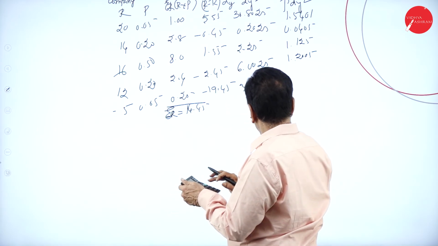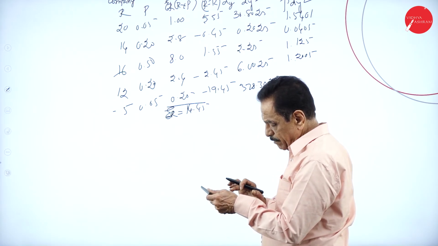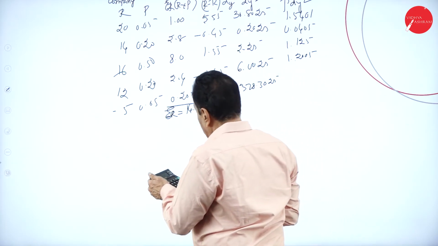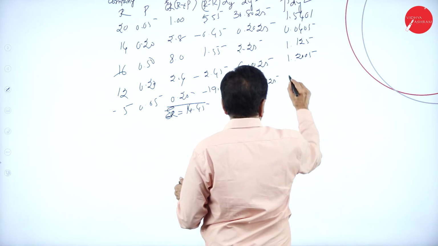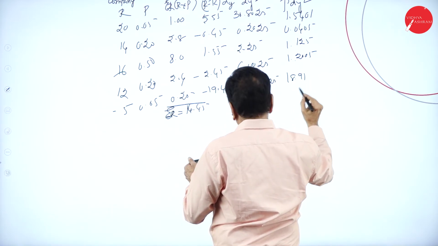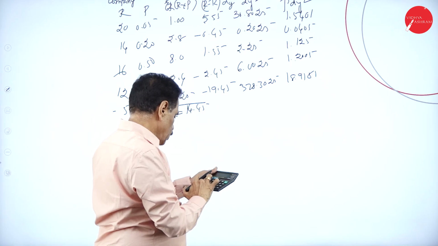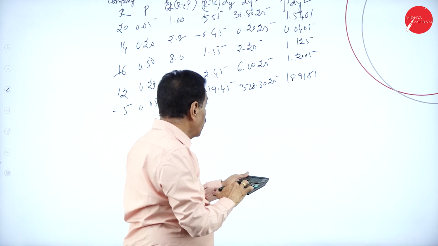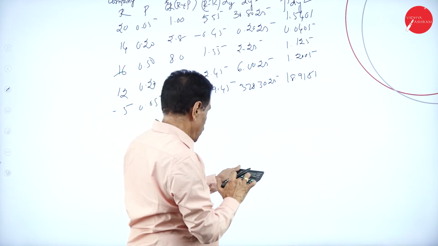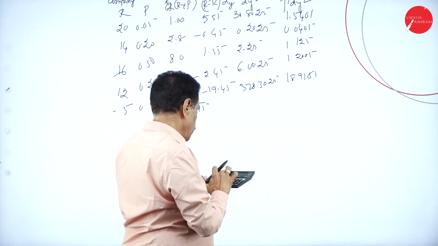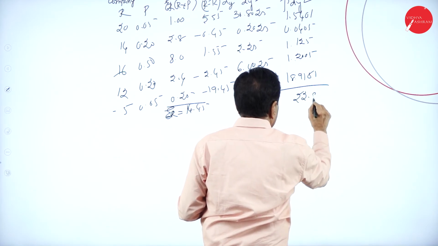Then last one, 19.45 into 19.45, 378.30 into 0.05, 18.9151. Adding: 18.9151 plus 1.2005 plus 1.125 plus 0.0405 plus 1.5401, 22.83.